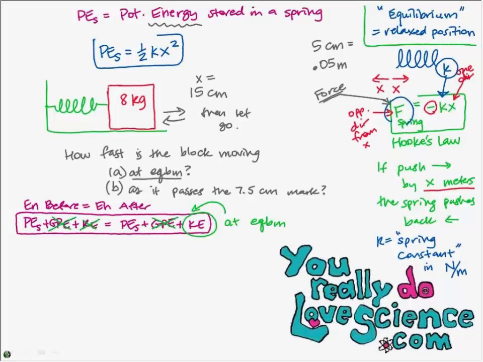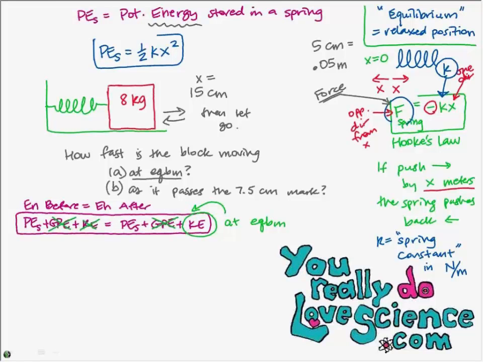You're saying it would have potential energy because it's stopped in a position. Okay, equilibrium is going to be the length of the spring when it's relaxed. So equilibrium means, by definition, x equals 0, because that's the relaxed position of the spring.